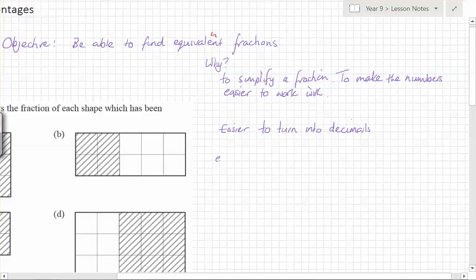So for instance, 2/5 is not so easy as a decimal, but if we write that as 4/10, as a decimal it will be 0.4. Good. So, easier to turn into decimals.